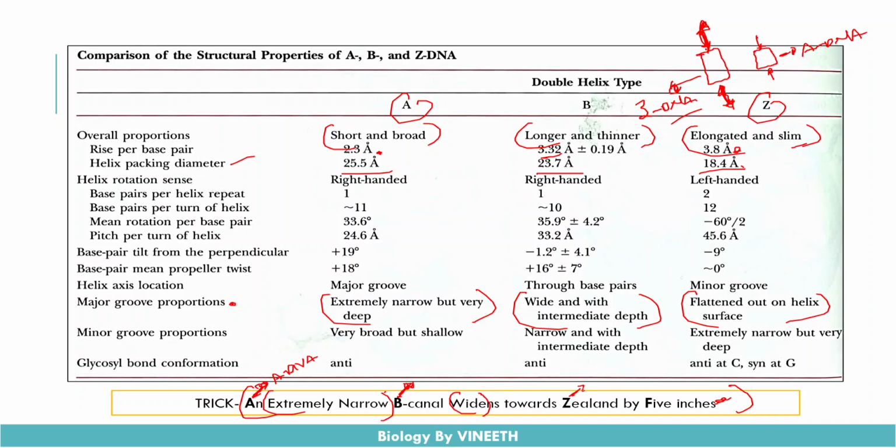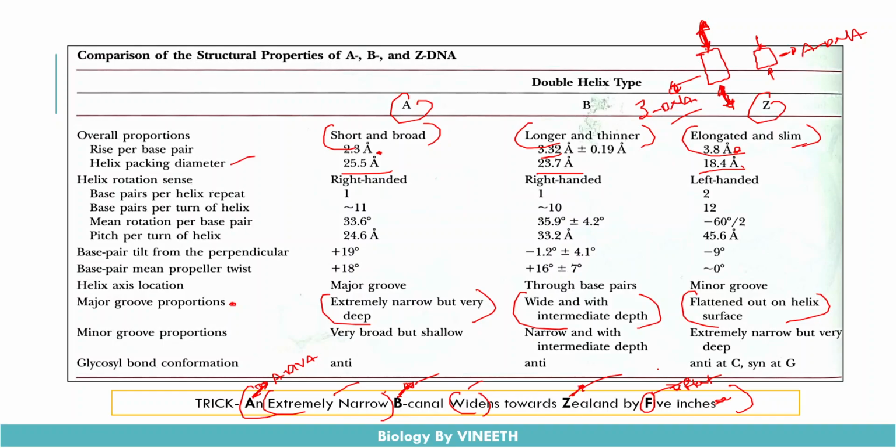The Z indicates Z-DNA, and the preceding letter F indicates flat. So that means A-DNA is extremely narrow, B-DNA is wide and Z-DNA is flat. The major grooves of the A, B, Z DNAs are in these forms. If you remember the trick, this will be very easy.